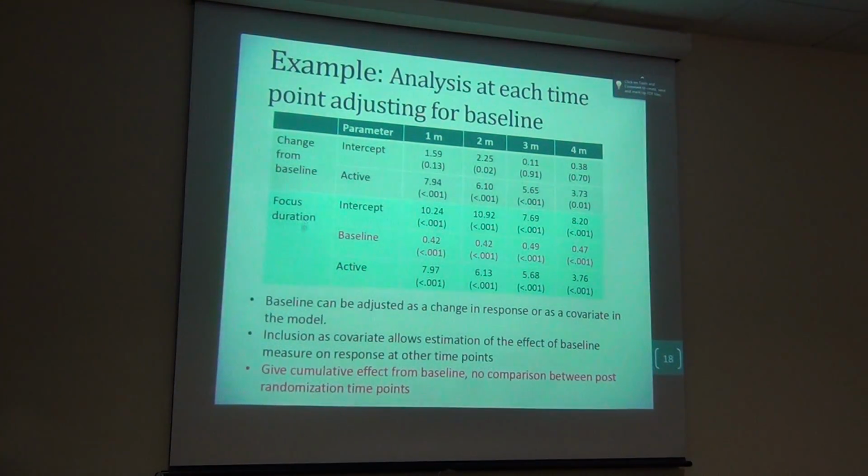For this model, you model the individual response from the patient, but the average association with baseline. So the baseline coefficient here gives you the average association between the baseline measure and the response at this time point. And the coefficient here for active gives you the average effect. Because the model doesn't give you an individual effect, it gives you an average. So it's like an average to model the overall formula.